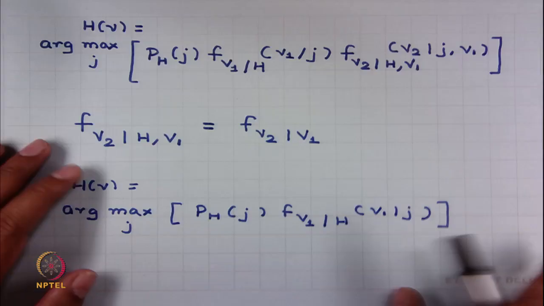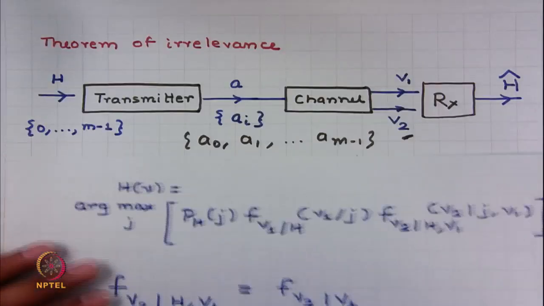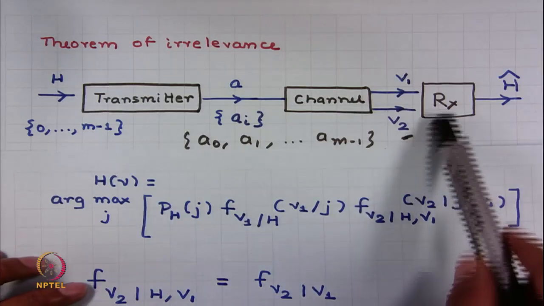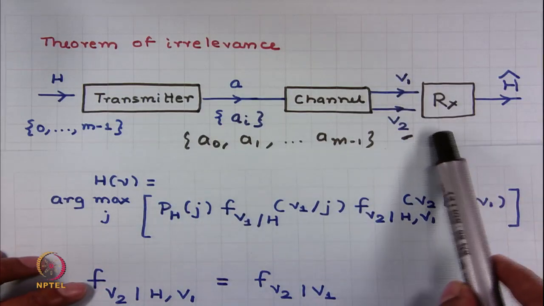So, let us look at the MAP case. What would be the a posteriori probability here?